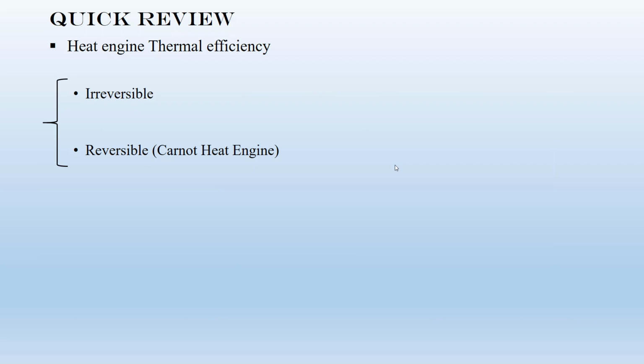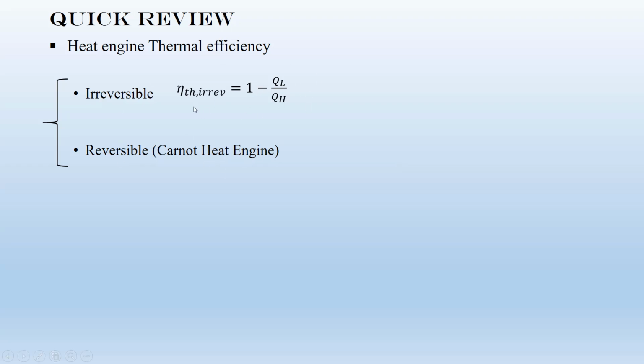To calculate the thermal efficiency of any heat engine, you have two options. For irreversible heat engines, you can use this equation to find the thermal efficiency, or you can use the definition of thermal efficiency: the desired output over required input. For the reversible process, you have two options.